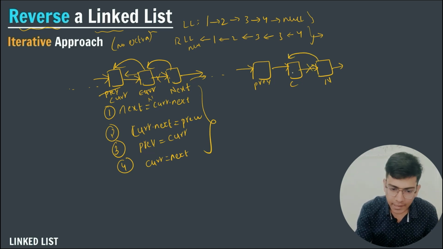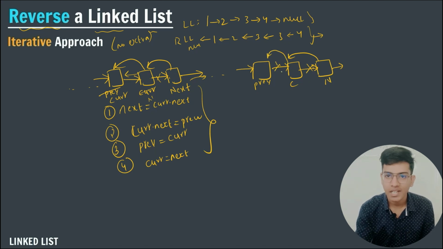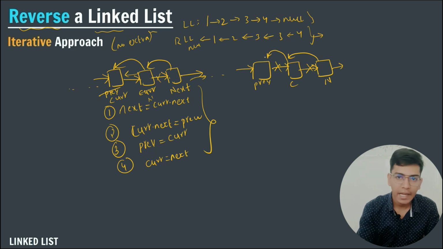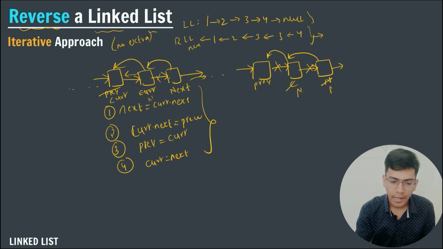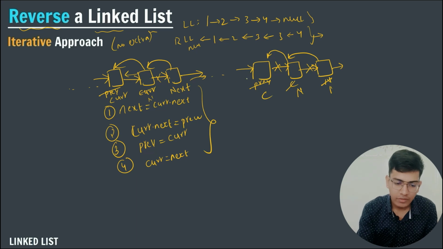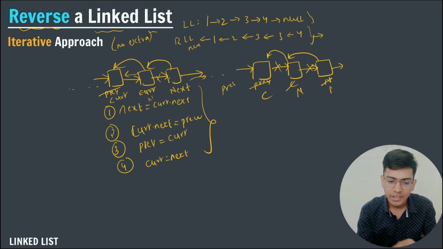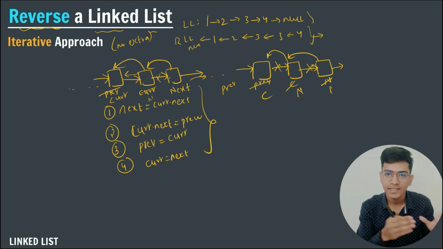After that, the current will point to previous and I am going to break this connection. After changing the direction, I am going to change the values. Previous will become current, current will become next, and previous will get shifted to the next element, and a similar process will continue on the next elements also.